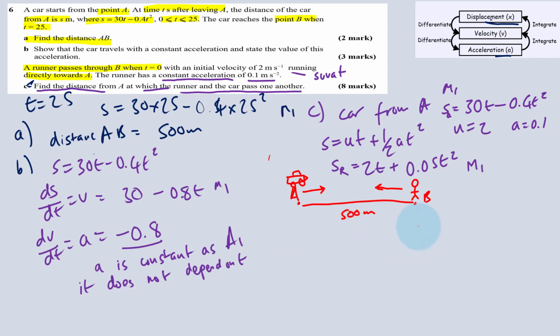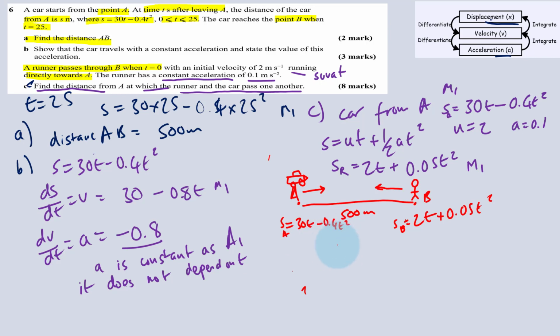Now the runner, he's going 2t plus 0.05t squared that way, and the car is going at s equals 30t minus 0.4t squared, let's call it SA. Oh no, it's plus, sorry, 0.05t.